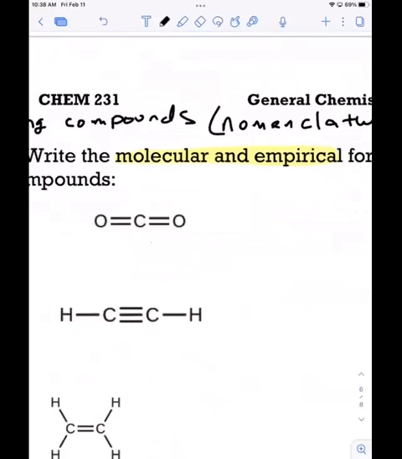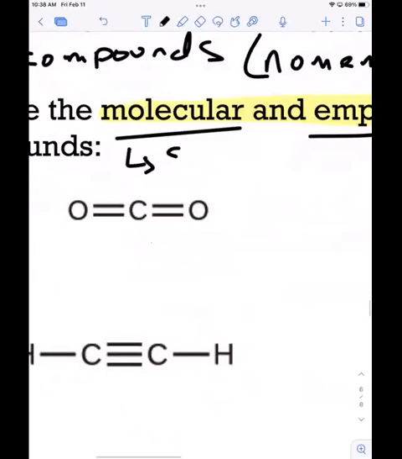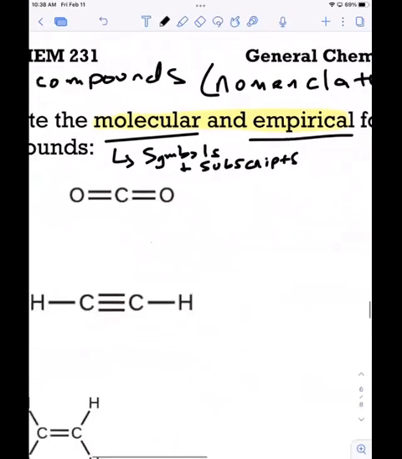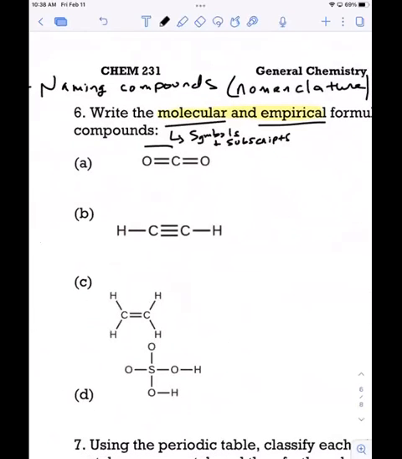We're going to learn real quick about molecular formula and empirical formula. So the molecular formula is just the symbols and subscripts. I know that sounds overly simplified, but let me show you what I'm talking about. So this molecule, what atoms are present in that molecule? Carbon and oxygen. Excellent.